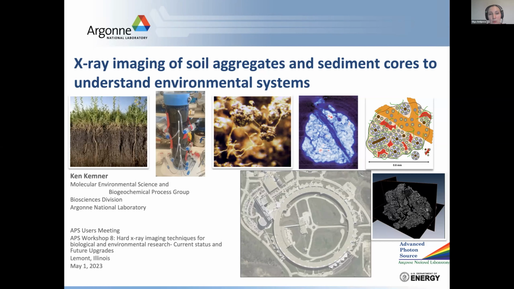He participated in one of the first XRF imaging experiments at Sector 2 in 1997 to investigate root fungi interactions. Since then, he has used more than 10 different beamlines at APS to perform numerous X-ray-based investigations of environmental and biogeochemical systems. His talk will be about X-ray imaging of soil aggregates and sediment cores to understand environmental system functions.